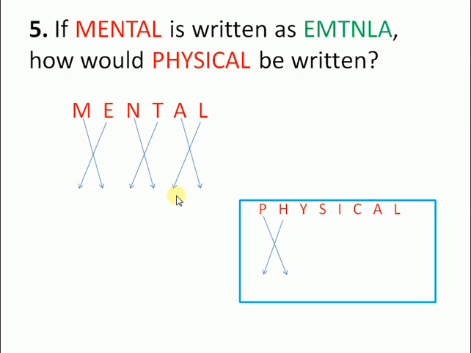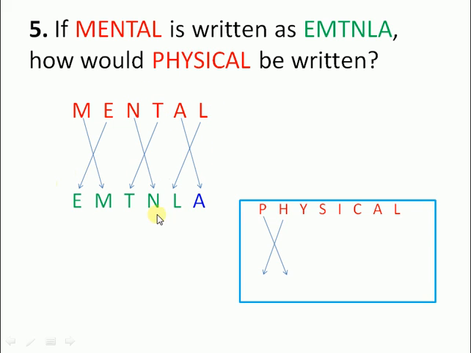Now the fifth question, if MENTAL is written as EMTNLA, how would PHYSICAL be written? When we closely observe this, in MENTAL, M is changed. It is swapping the adjacent letters. Swapping means changing, alternating. So ME is changed, NT is swapped, AL is also swapped.